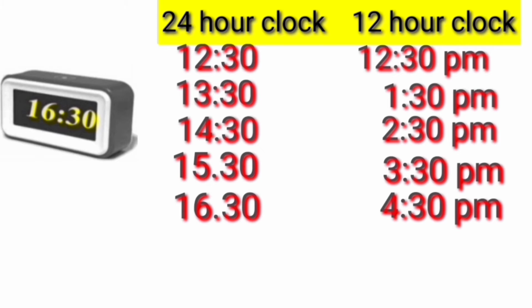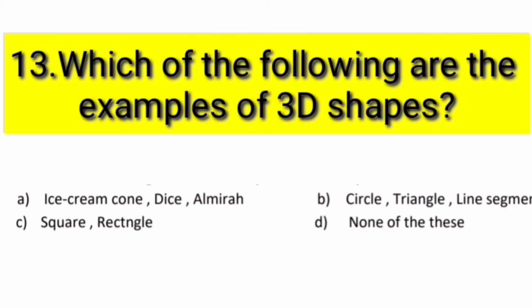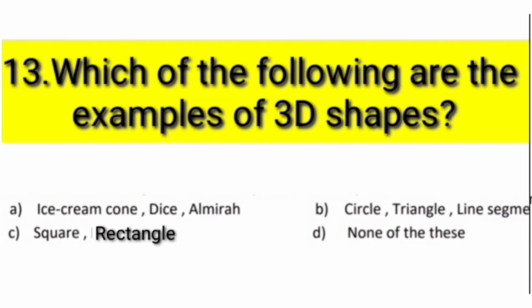In 12-hour clock, we get 4:30 p.m. So, dear students, that means the correct answer of this question is option B. So, we will tick mark it. Now, let's move forward to the next question.